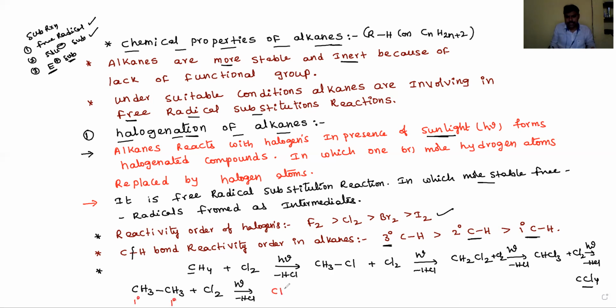That's why the product is CH3-CH2-Cl. On further halogenation with chlorine in the presence of sunlight, we get CHCl2 and so on. On complete halogenation, finally we get CCl3-CCl3.